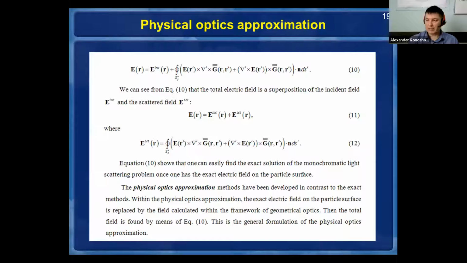Because the particle is very small, but larger than the wavelength, and the distances that the light travels are also small, we can assume that the geometrical optics solution works well for particles larger than the wavelength.